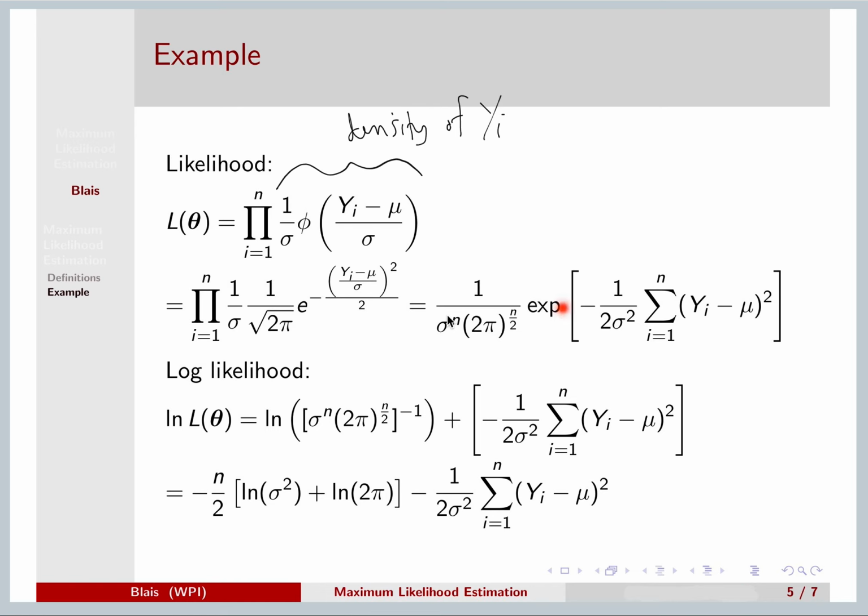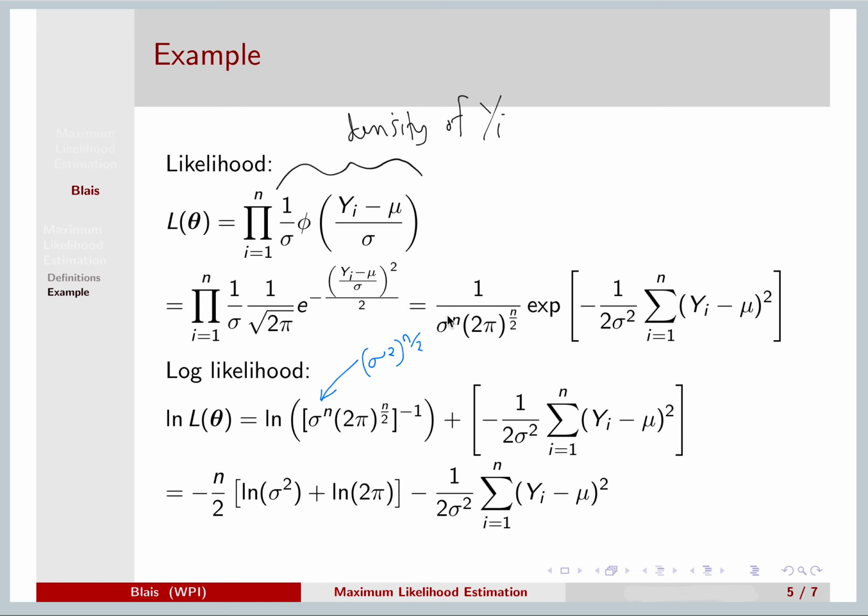Those are inverse functions, so they undo one another, and what remains is what was in the exponent. We then change things a bit. Instead of sigma to the n, think of it as sigma squared to the n over 2, and we'll work with sigma squared instead of sigma. Either way works. You can work with sigma or sigma squared and you get the same result. The math's just a little bit nicer if we work with sigma squared.